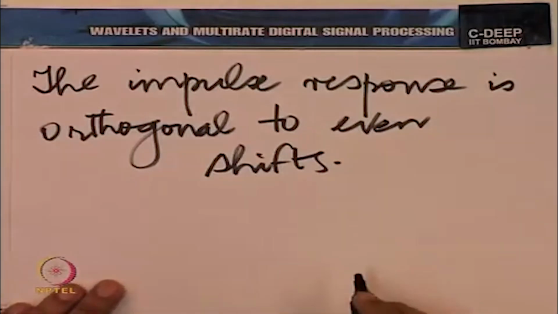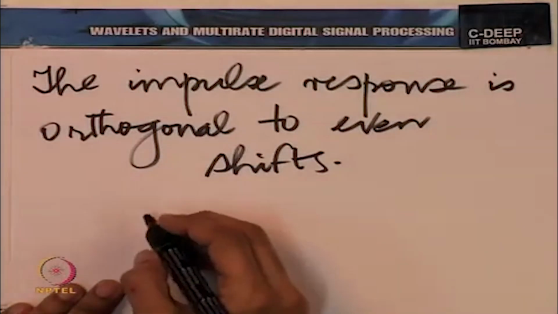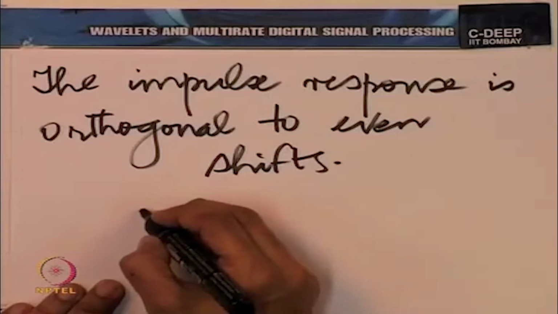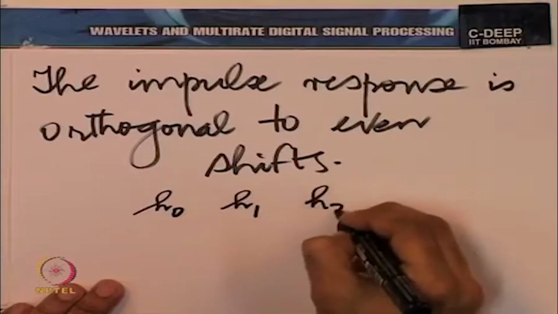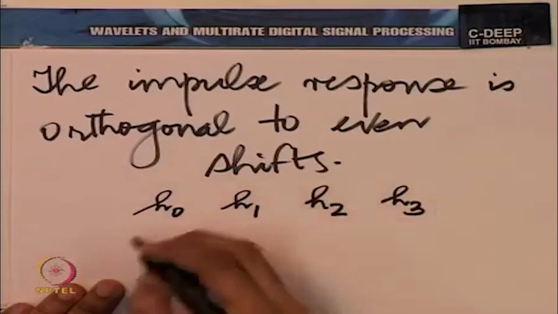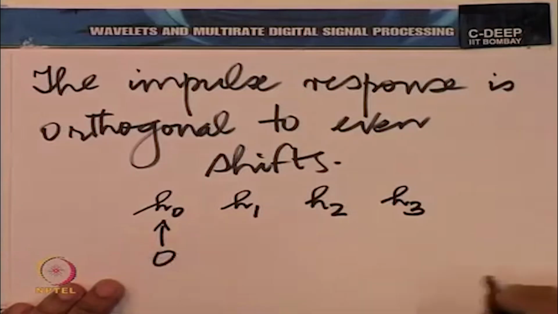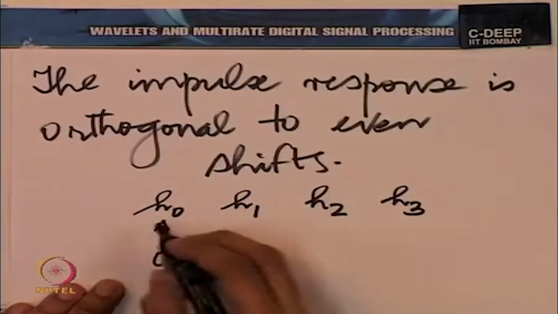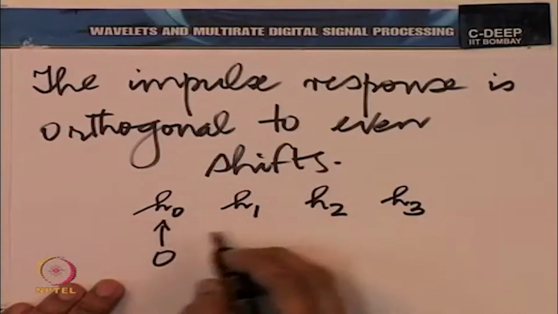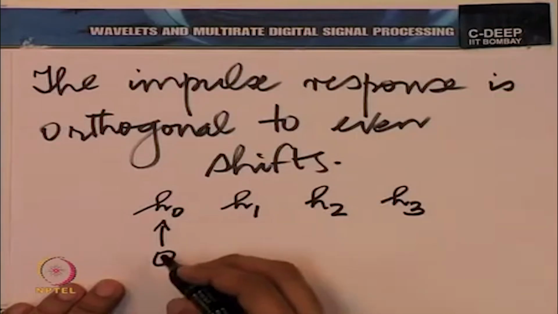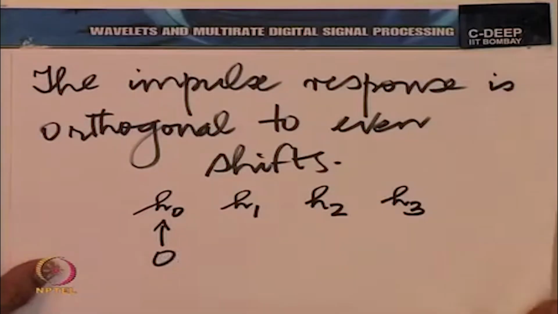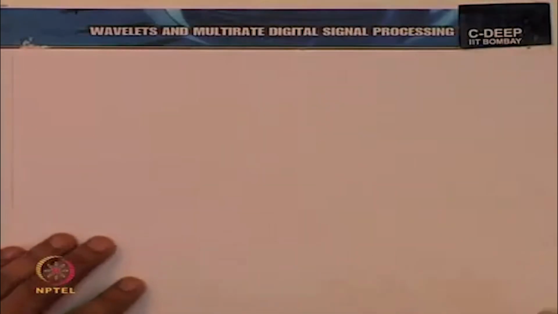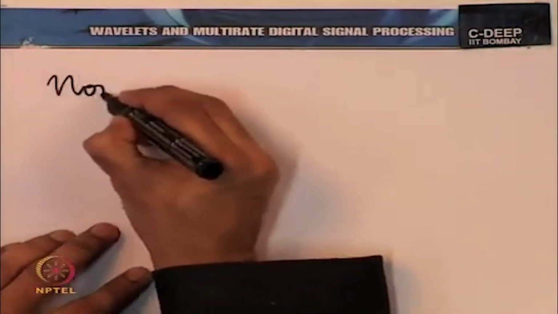That means, if I assume that this filter has the impulse response H 0, H 1, H 2, H 3, then this is orthogonal to its shifts by 2, 4 and so on. So, the only non-trivial equation that we get is the following.